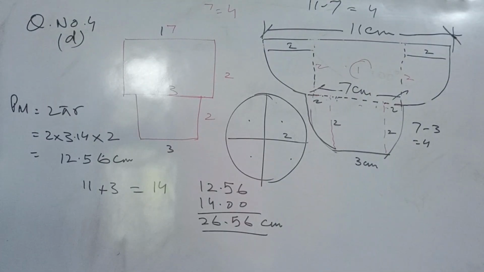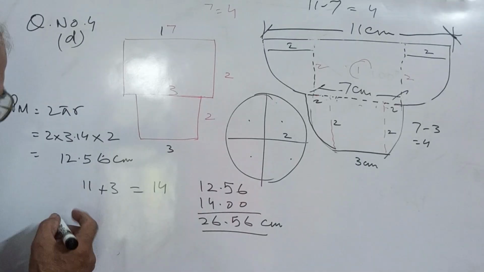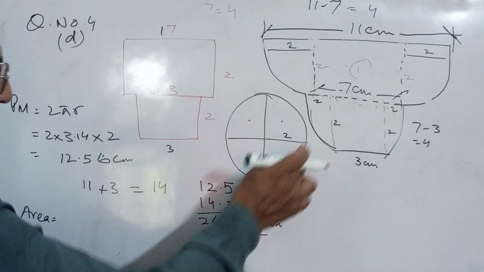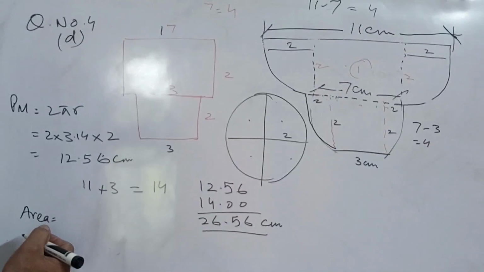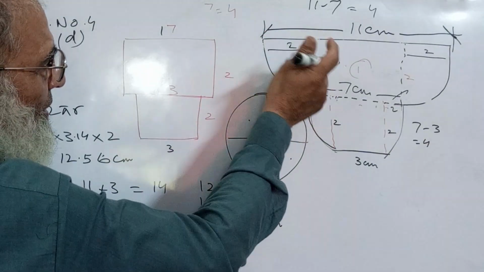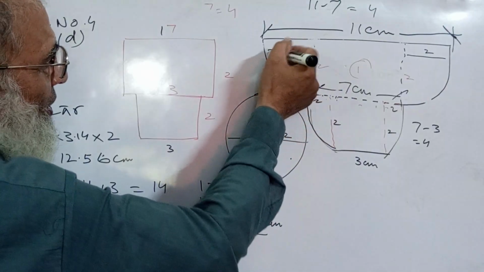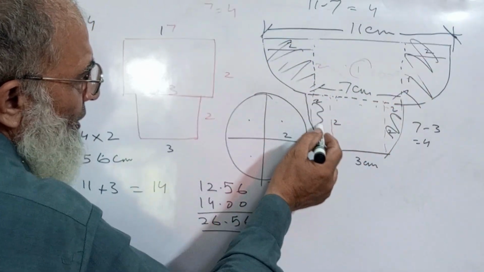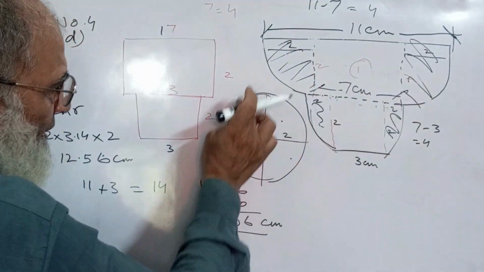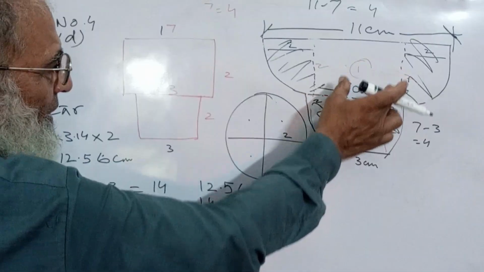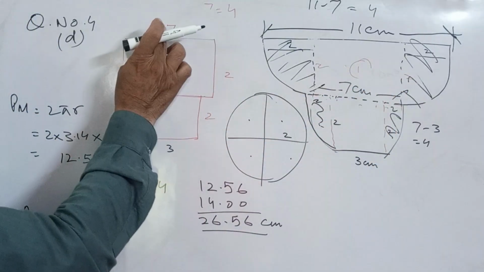Now the area is much easier. For the area of the complete circle, this and this and this constitute one full circle. Only this part will be left, which is decomposed here.